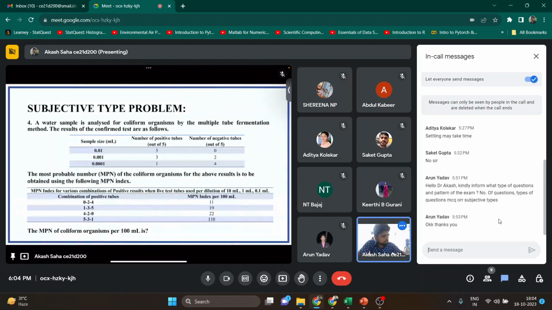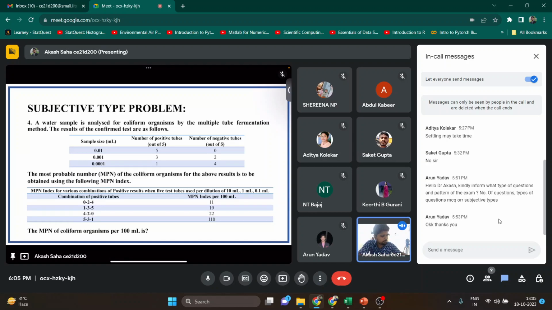Now if I know this, how will I get to know my MPN value? What people have done is many repeated experiments with different amounts of samples, and they have found out all the combinations.